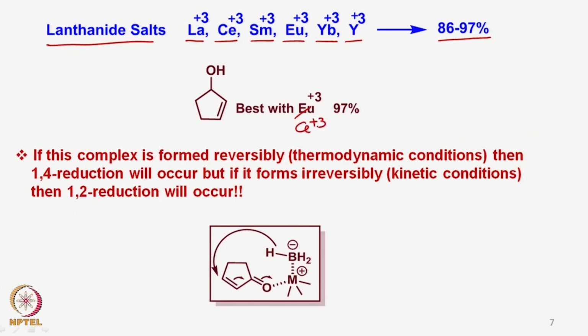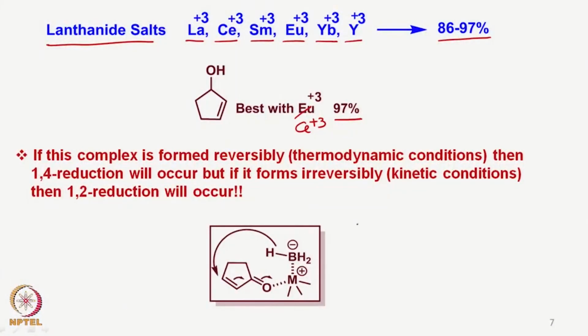So, the cerium plus gave the corresponding allylic alcohol in about 97% yield. What was then discussed in the papers that were published later on is how the reaction occurs.